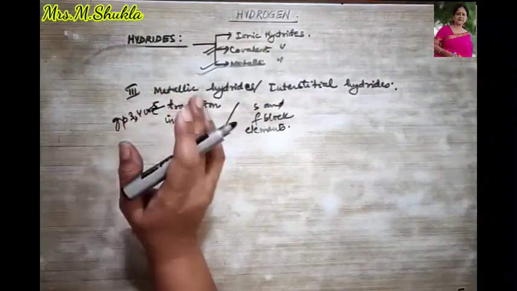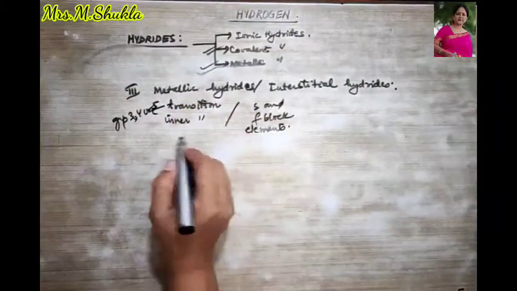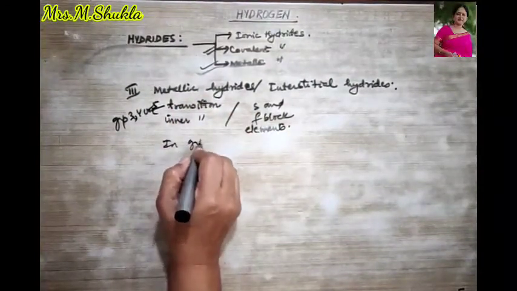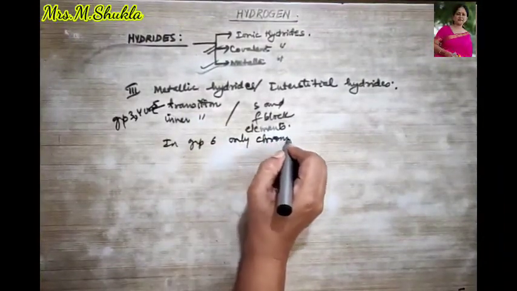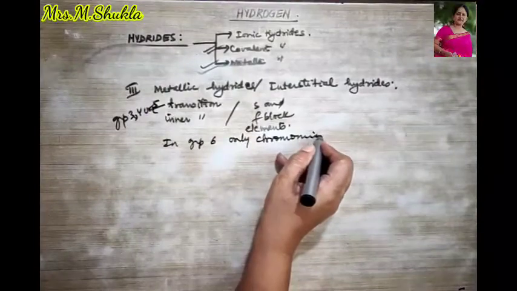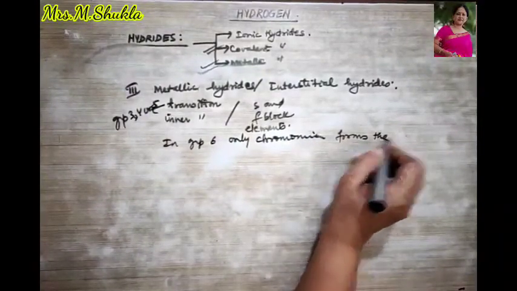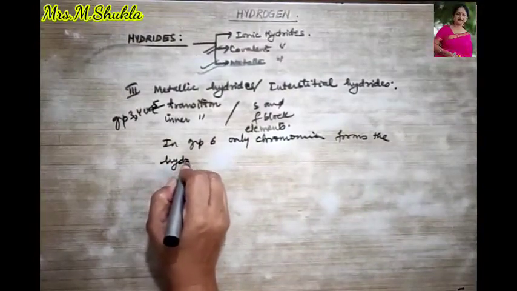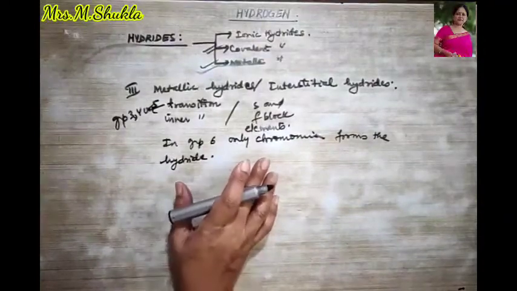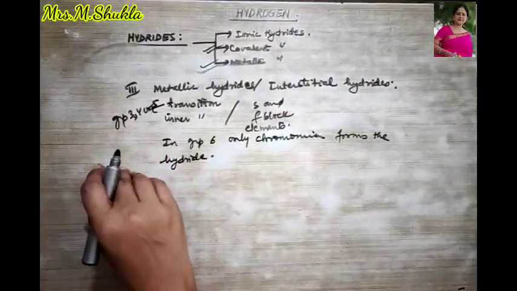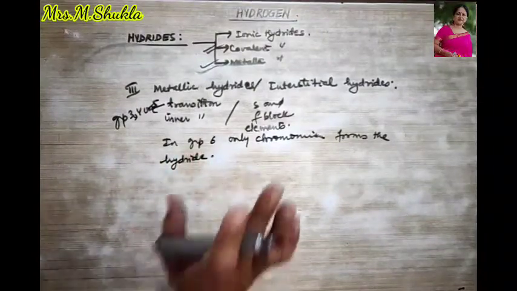In group 6, only chromium forms the hydride. And there is a gap, and the elements of the 7th, 8th and the 9th groups do not form the hydride. So this is called a hydride gap.